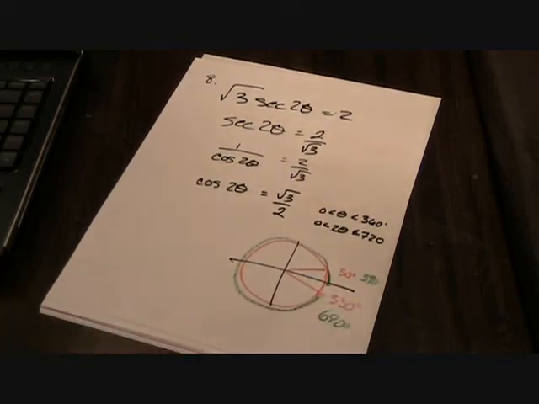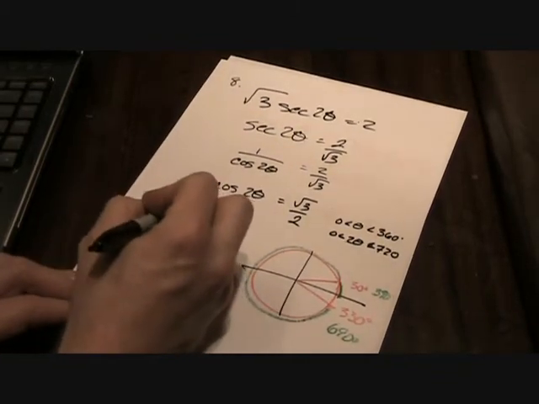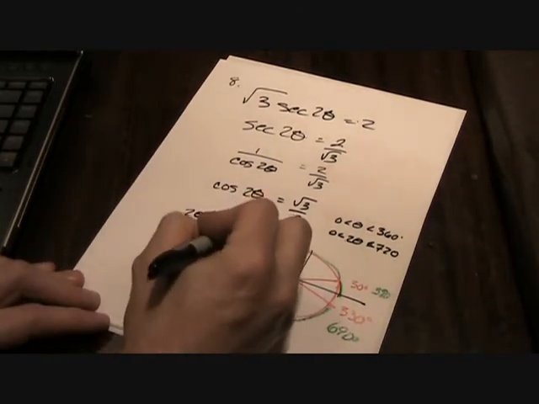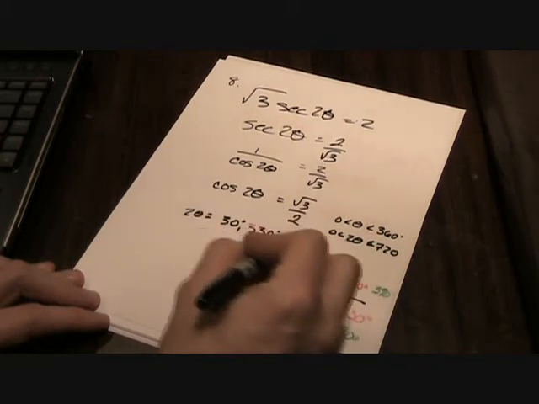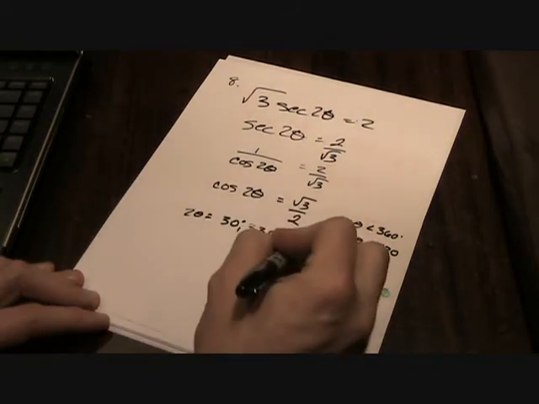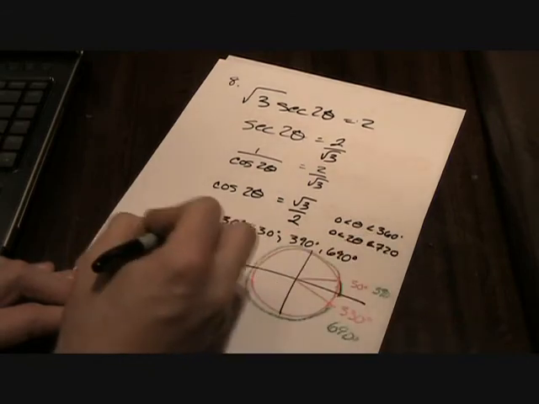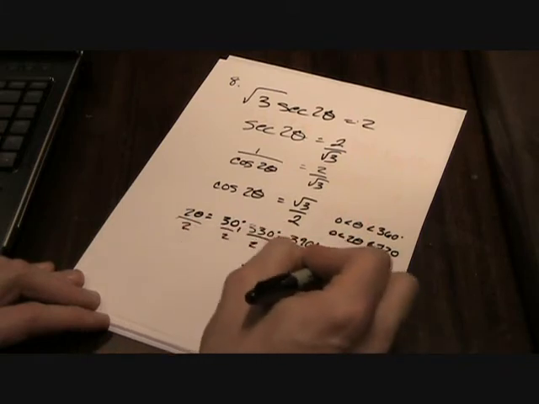Okay? So because of that, we now have 2 theta is equal to 30 degrees, 330 degrees, 390 degrees, and 690 degrees. So to find out what theta is, we're going to divide each of those through by 2.